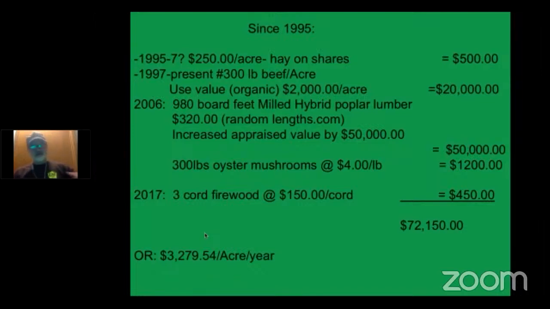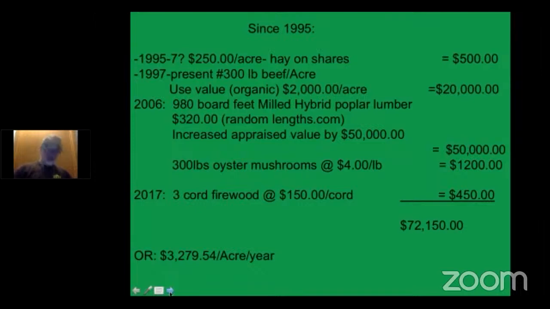Plus the animals can now browse on the trees. I have more feed for animals, and I have trees, and I have mushrooms, and I have the ability to make buildings, and I have firewood. This type of agriculture reduces your expenses down to almost nothing, a little bit of work, and your yields for asset development are through the roof.